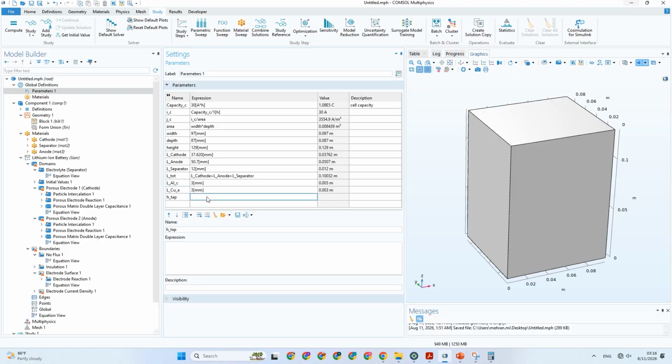Tab 10 millimeter. Okay. Now the height 129. It doesn't matter, this 129 is okay, but we can add H tab.